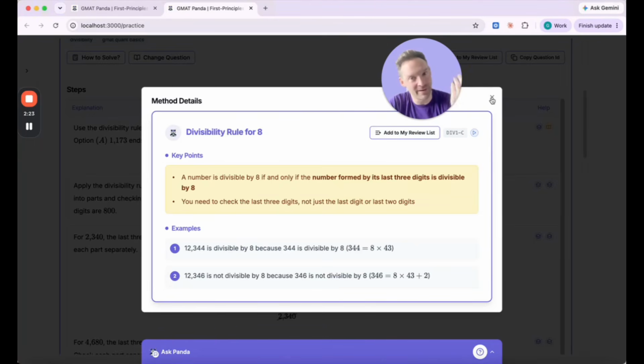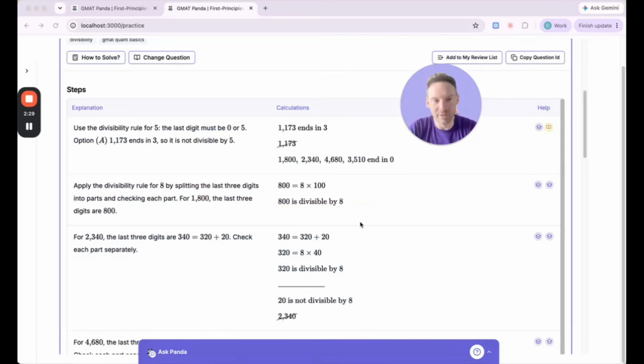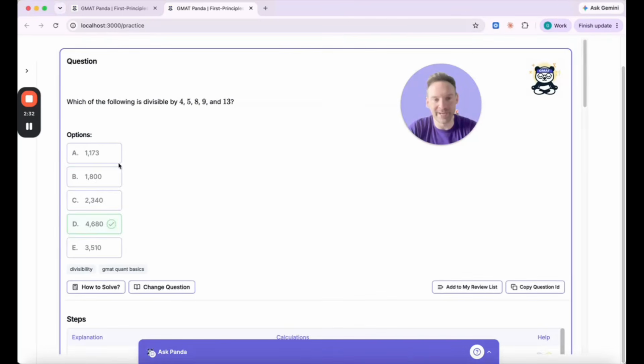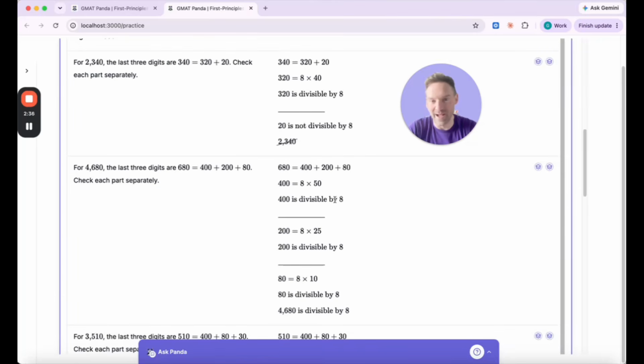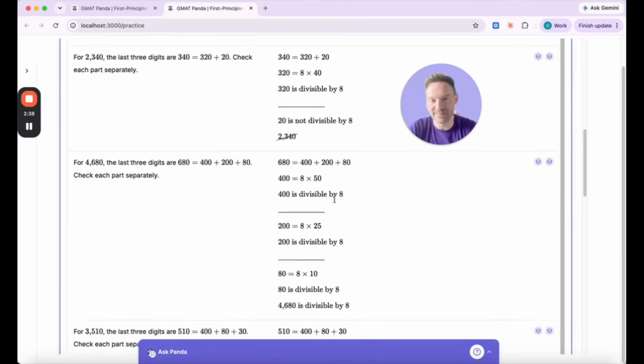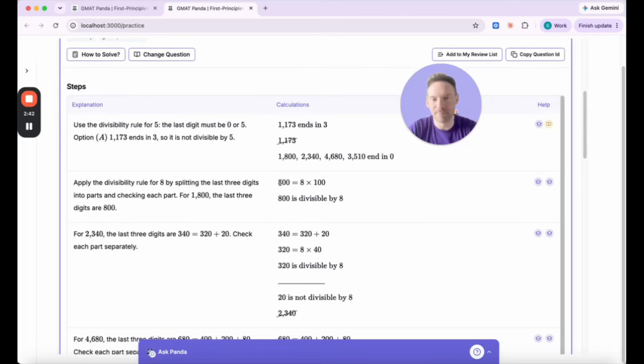And for 5, it's the last digit, okay? The first one that we're evaluating is 1800. As you can see, that is ending in 800, and 800 is just 8 times 100. So we know that that one's going to be divisible by 8. Tick.